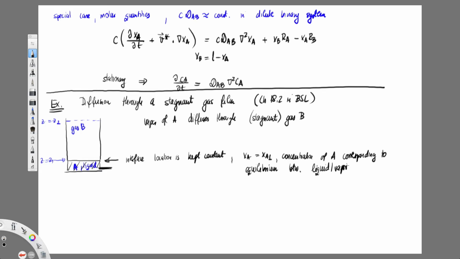So basically my XA1 thermodynamically is partial pressure of vapor divided by overall pressure.